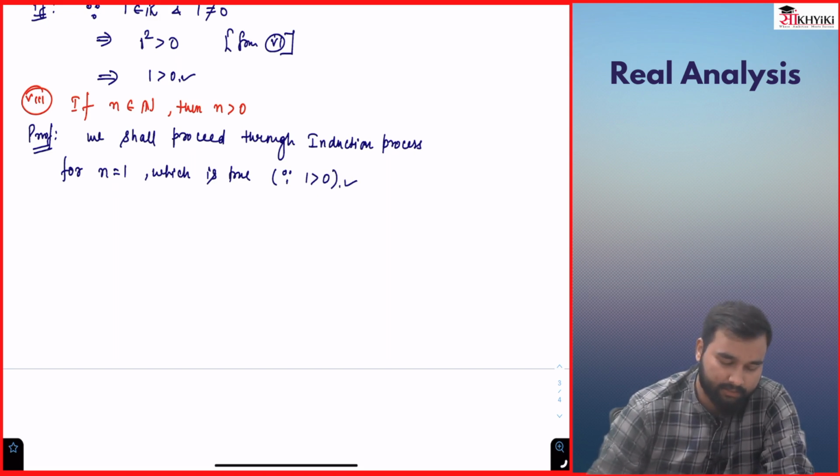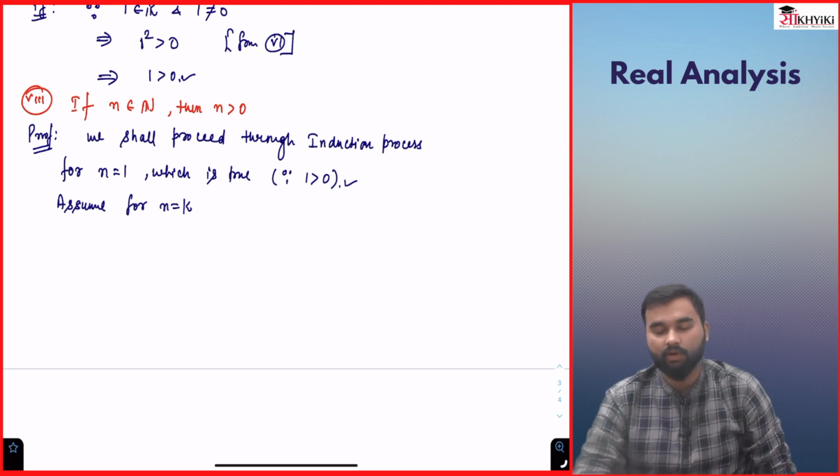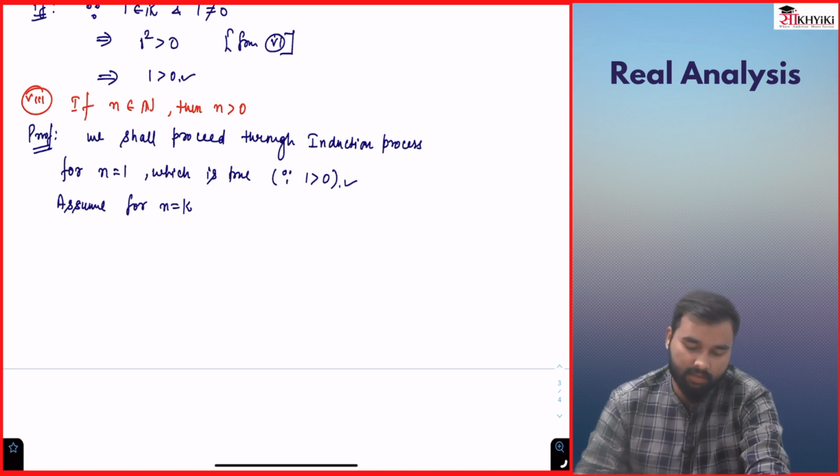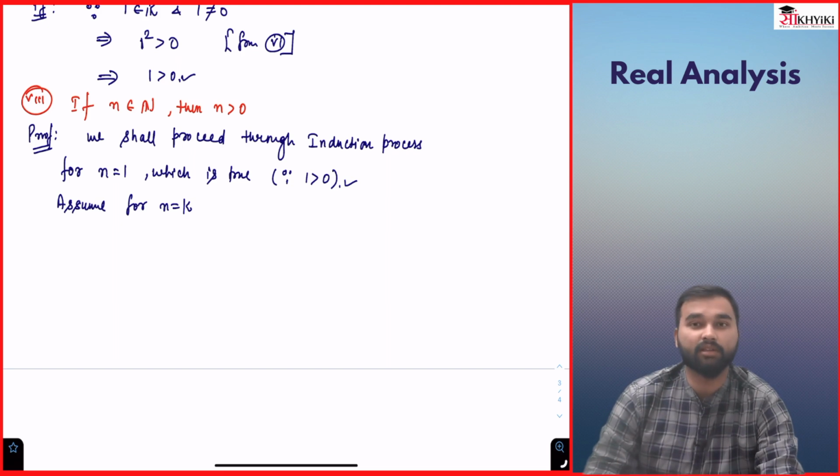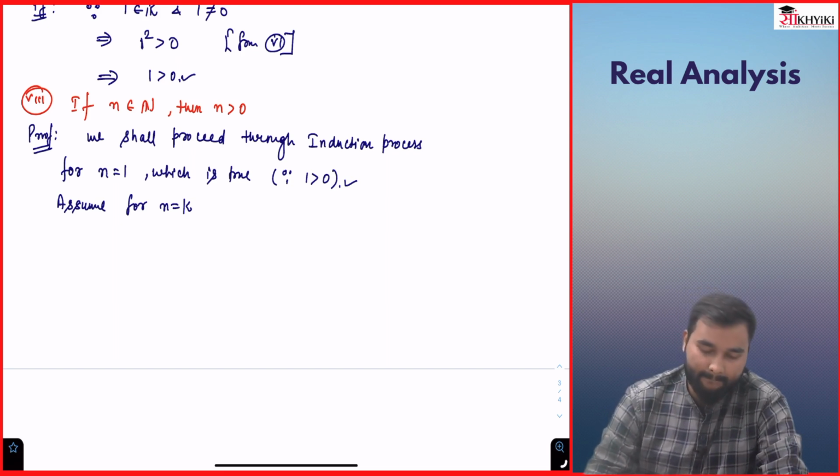Okay. Next, in the second step क्या करते हैं हम? Assume for n equals to k, for the kth natural number, that this result holds for the kth natural number.